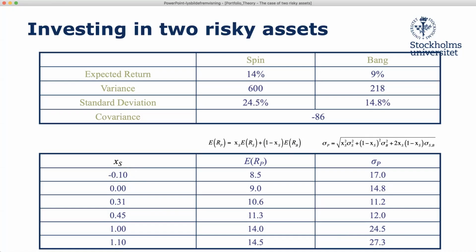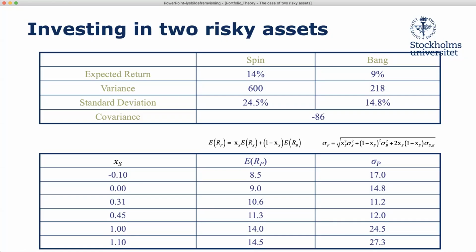Another possible portfolio is obtained by setting a weight on Spin equal to 1.1. This corresponds to an investment where all our wealth is going to the stock of Spin plus an additional 10% of it. This additional 10% is financed by selling or short selling the stock of Bang, whose weight is thus equal to minus 0.1.